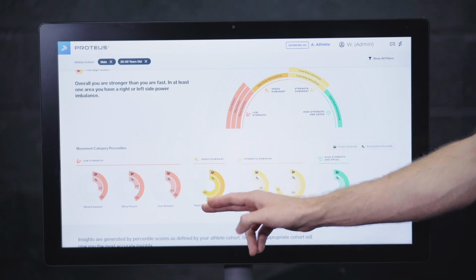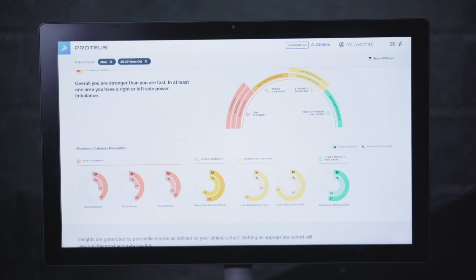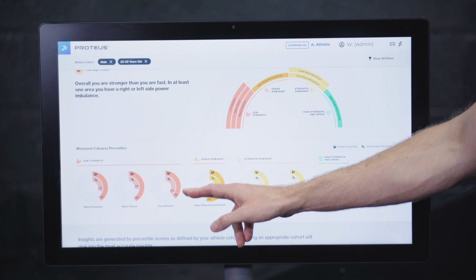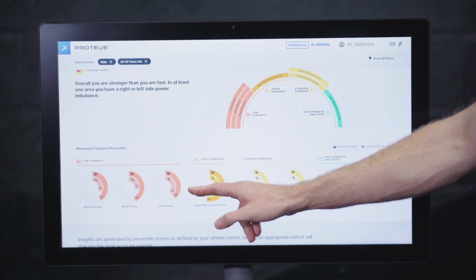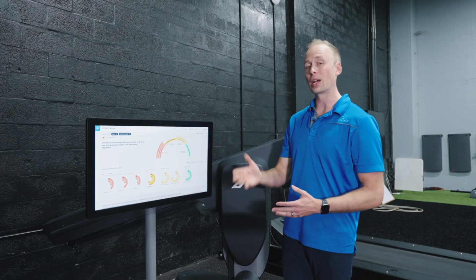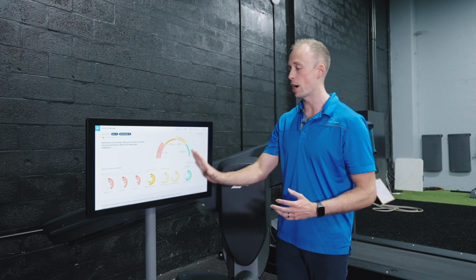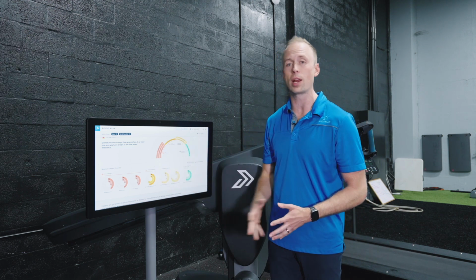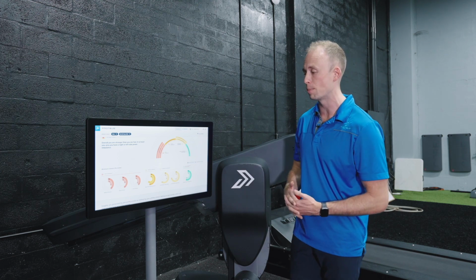The outer ring is your power, and the inner ring is your acceleration percentile ranking. You'll see that this athlete scored in the 39th percentile for power and the 39th percentile for acceleration. Because that power is below the 50th percentile, they automatically got put in the low strength category and need to work on increasing strength with high force, low velocity movements.